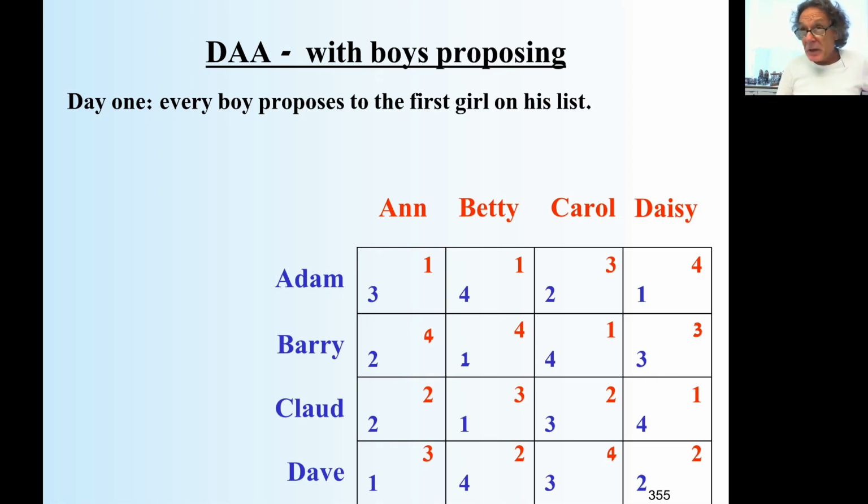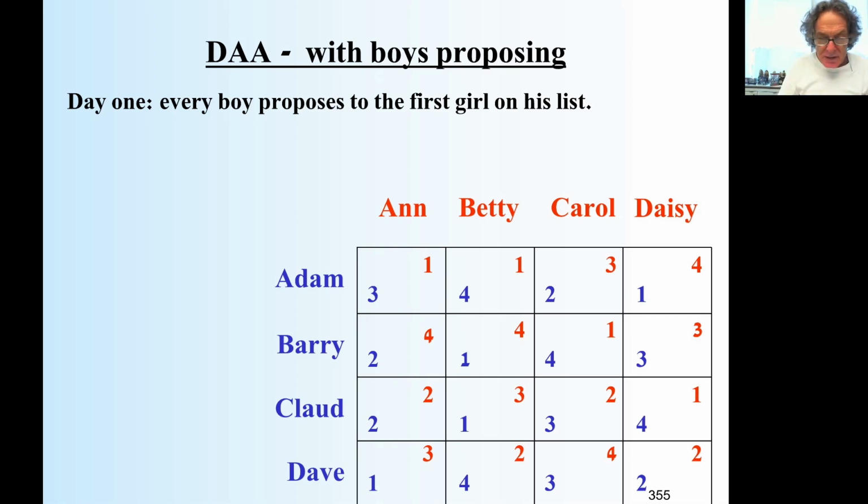And what happens if a girl gets exactly one? Then she says, wait, if I don't get somebody better later on, I'm going to be matched to you. And what happens if a girl doesn't get anyone? She's waiting. What can she do?